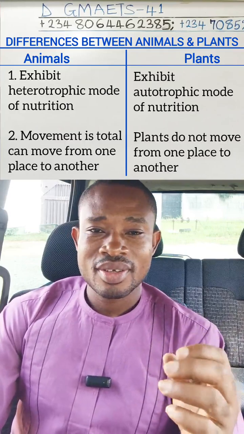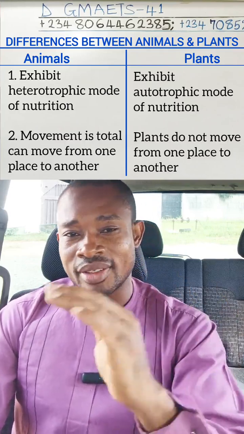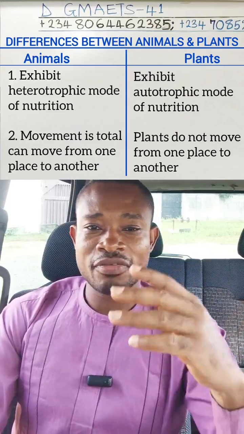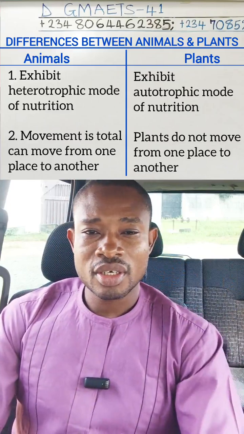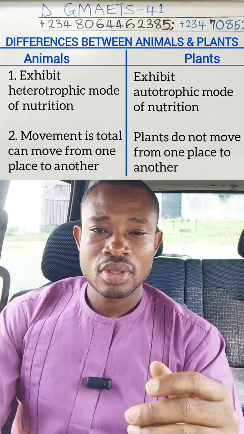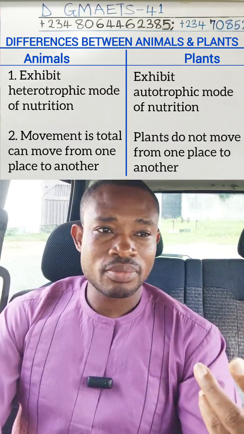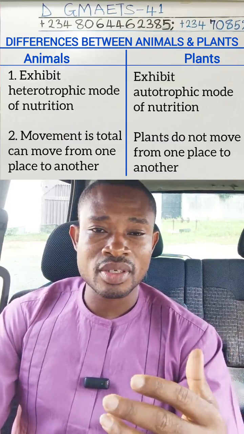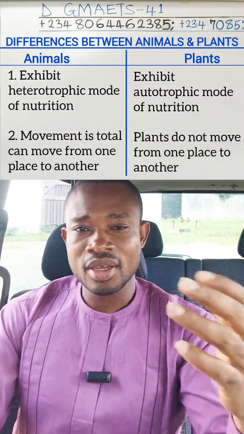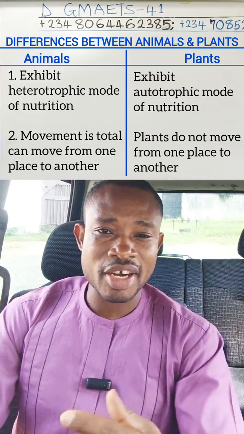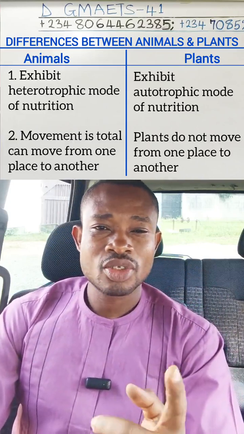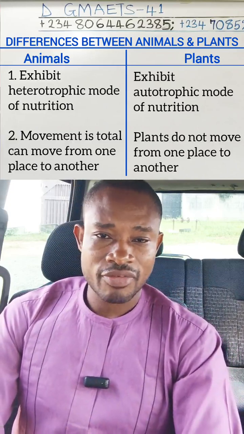Plants are fixed, so their movement is just by the waving of the leaves, the branches, and maybe when the stem also moves, when something like breeze blows. If breeze blows, you usually see the parts of plants moving. So the movement in plants is partial. It's not total as in the case of animals.